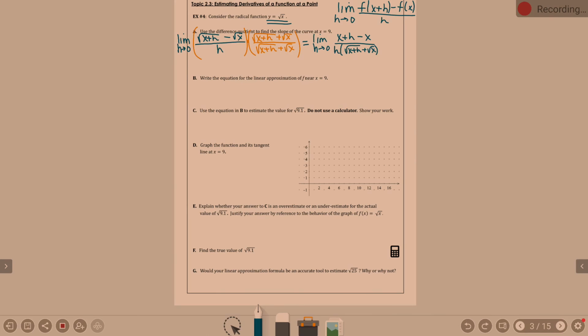Notice in the numerator, x minus x will cancel. The limit as h approaches 0 of h over h times square root of x plus h plus square root of x.